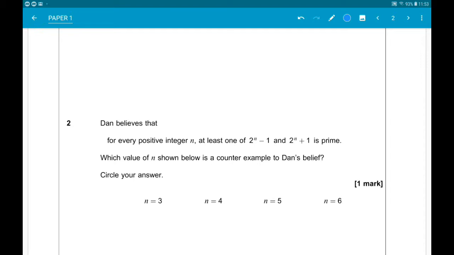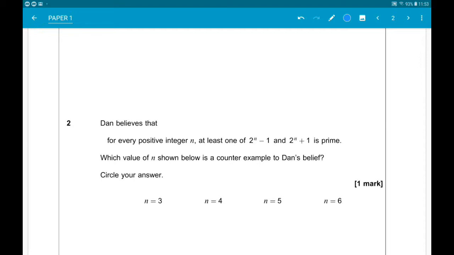When n is 3, 2 to the power of 3 minus 1 is 7, so that's prime, that works. When n is 4, 2 to the 4 minus 1 is 15, which is not prime, but 2 to the 4 add 1 is 17, which is prime.